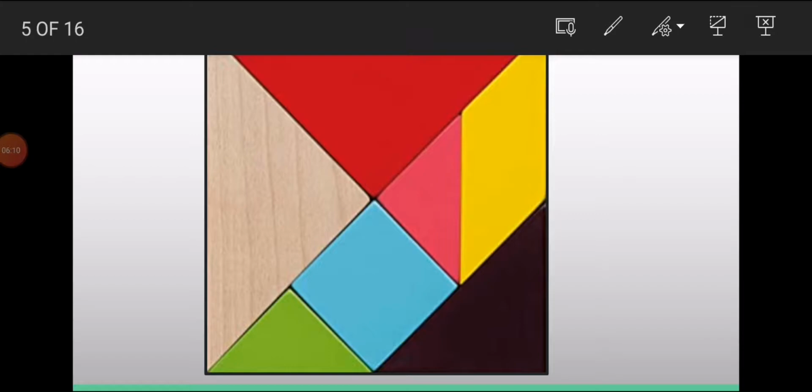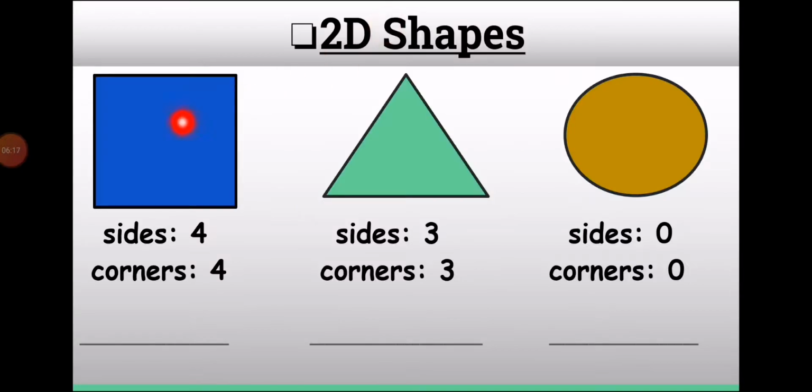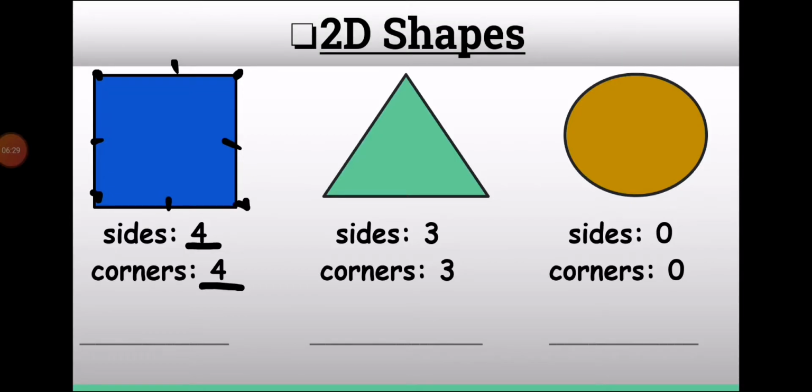Now we can also make our pattern with 2D shapes. First we will recall some 2D shapes. So first one, look at the first shape. Count the sides with me first. 1, 2, 3, 4 sides. Now count the corners. 1, 2, 3, 4. 4 corners. A closed shape with 4 sides and 4 corners.